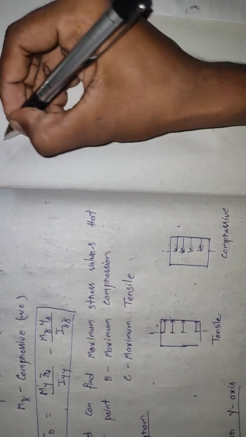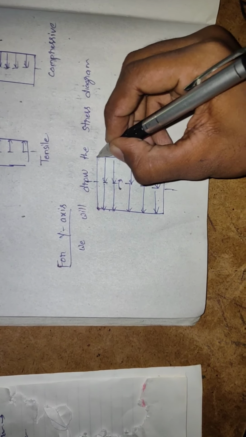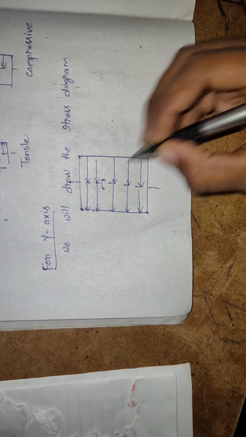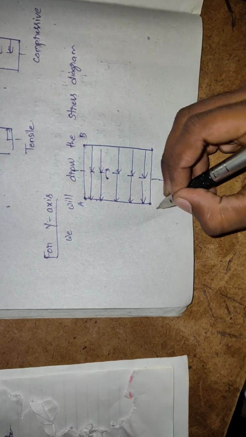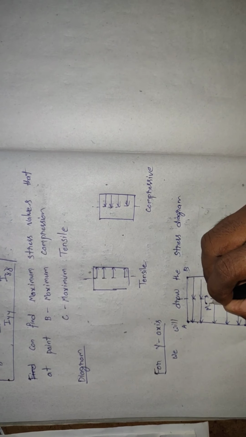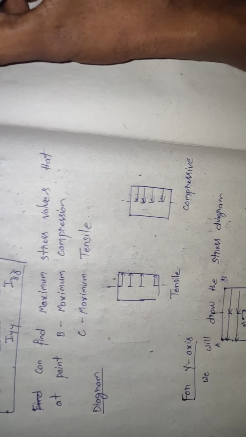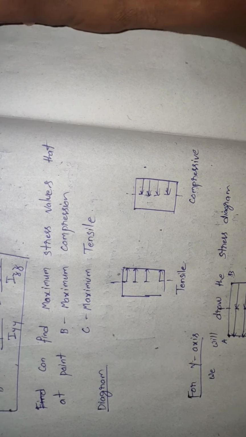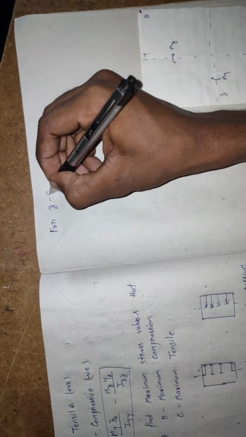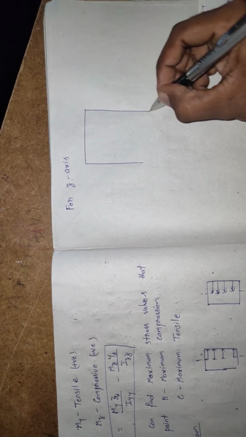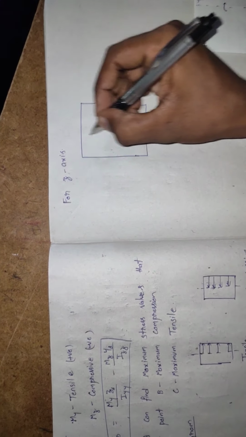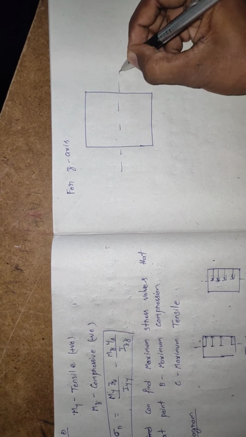Similarly, we will draw for z axis. Now let me represent the points here. Okay. A, B, C and D. This is the moment Mz. For z axis, this is the z axis.